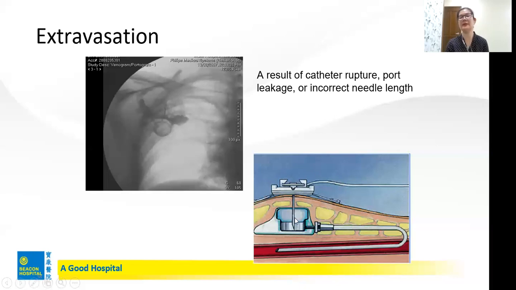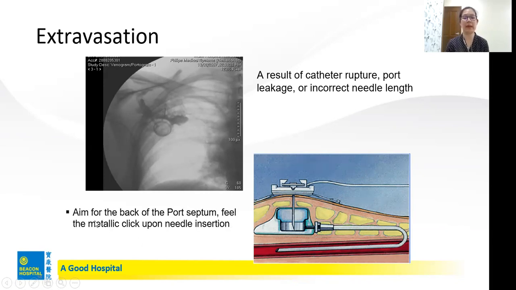Sometimes if the needle is not long enough, it does not really go to the end and is not well secured there, or it is still at the fat layer, and you assume it is already in, so you start to infuse, and it leaks out at the side. So you have to aim for the back of the port septum. Your needle should feel a metallic click upon insertion.